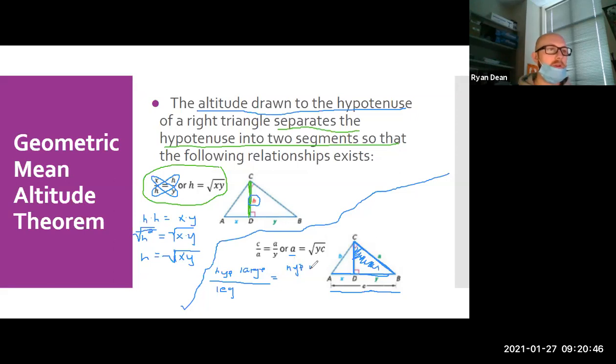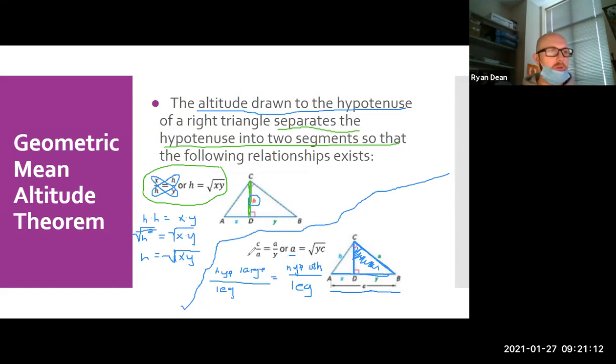So I take the hypotenuse of the other triangle and I divide that by the leg. Okay, and that leg is going to be down here where Y is. Okay, so that's how we come up with this formula.